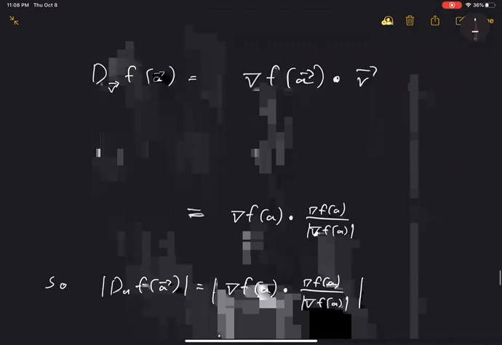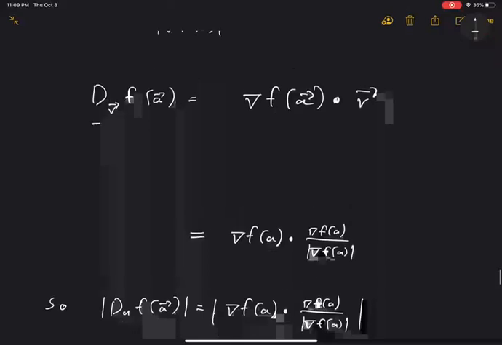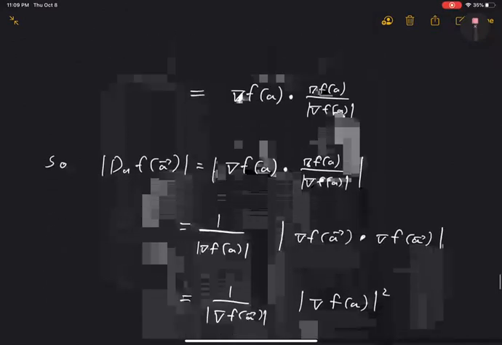And we have equal signs here. It's not an inequality. So this directional derivative is equal to this thing. Now let's consider the dot product, and let's consider that magnitude. Well, this is just a constant, a scalar that's scaling my vector del f.